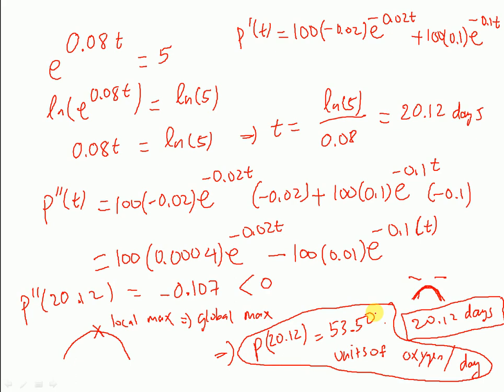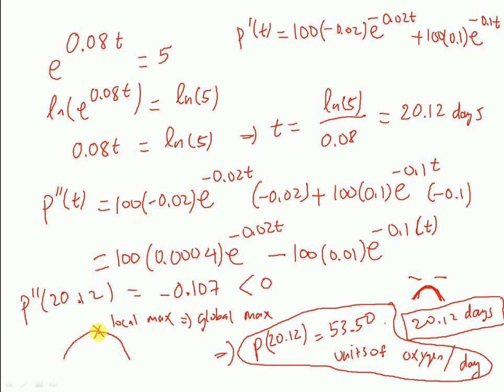So again, if we only have one critical point, then we can also use the second derivative to test the value. This is negative, that means we have concave down, so you have the local max or the global max in this case.